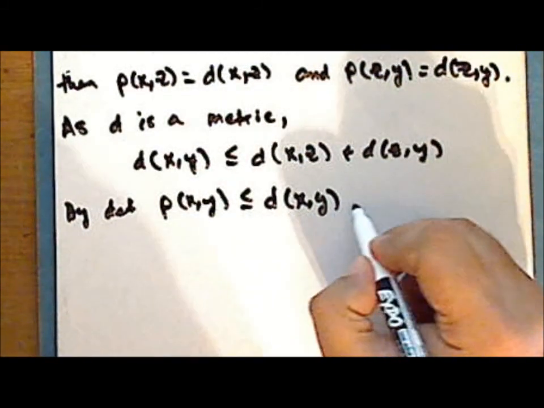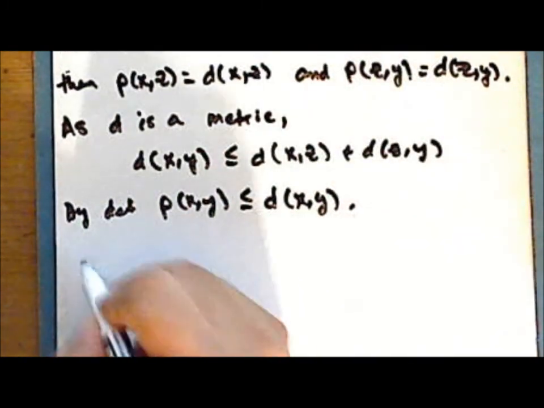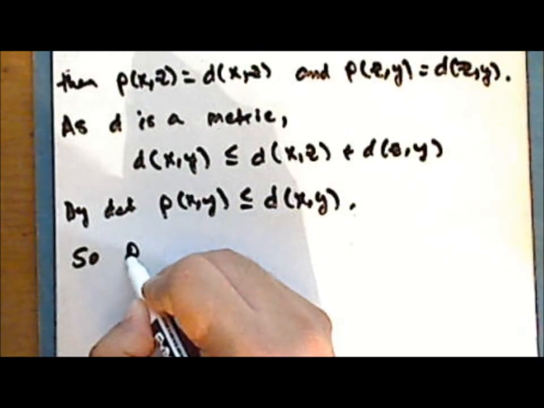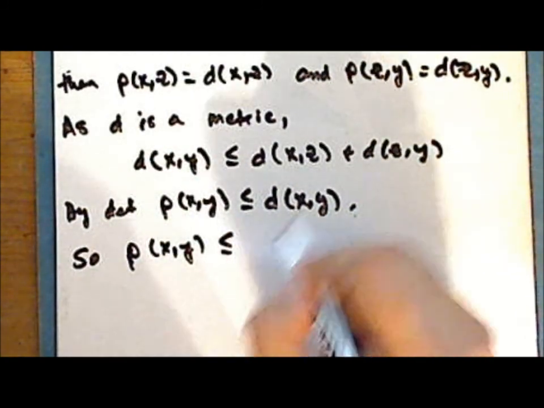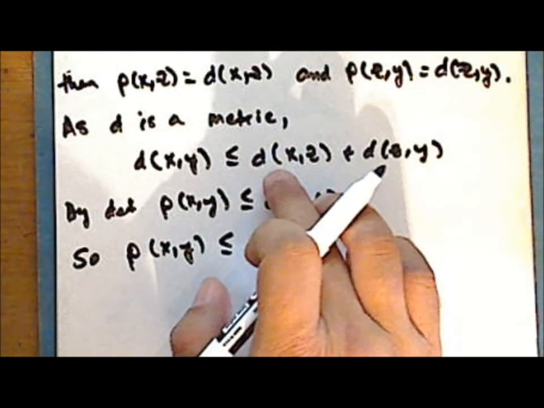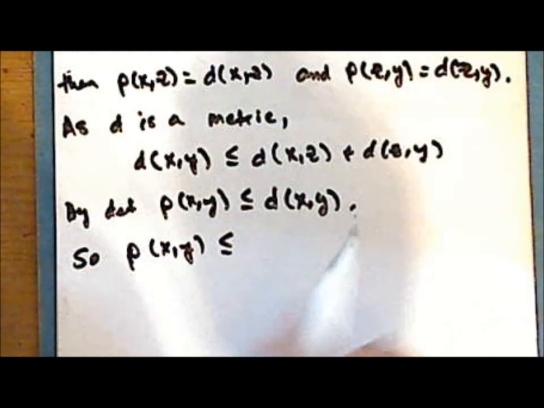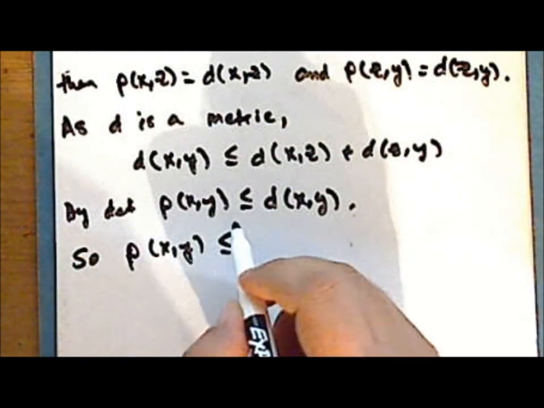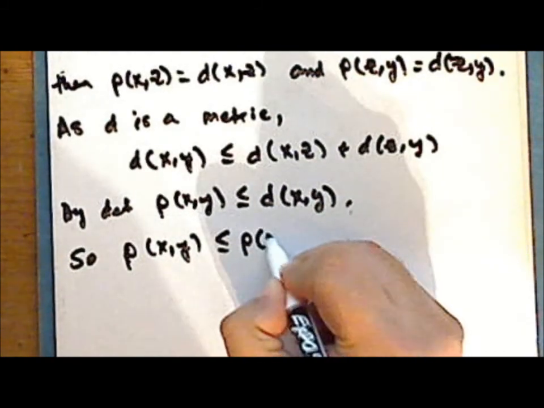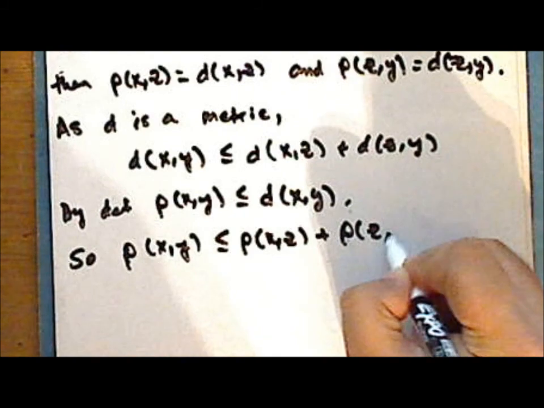So we have that rho of xy is less than or equal to the sum of the distance from x to z and from z to y under the metric d, but this is exactly equal to rho of xz plus rho of zy.